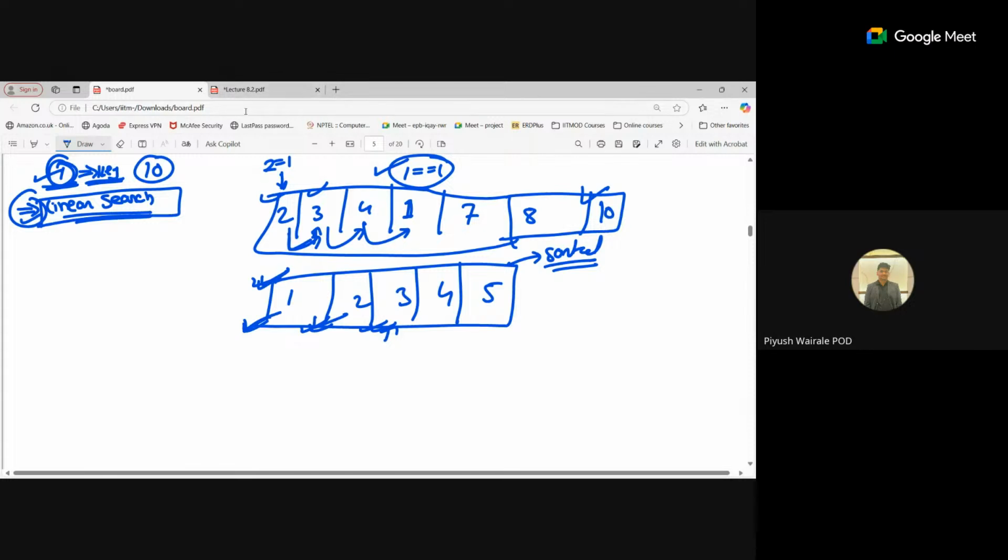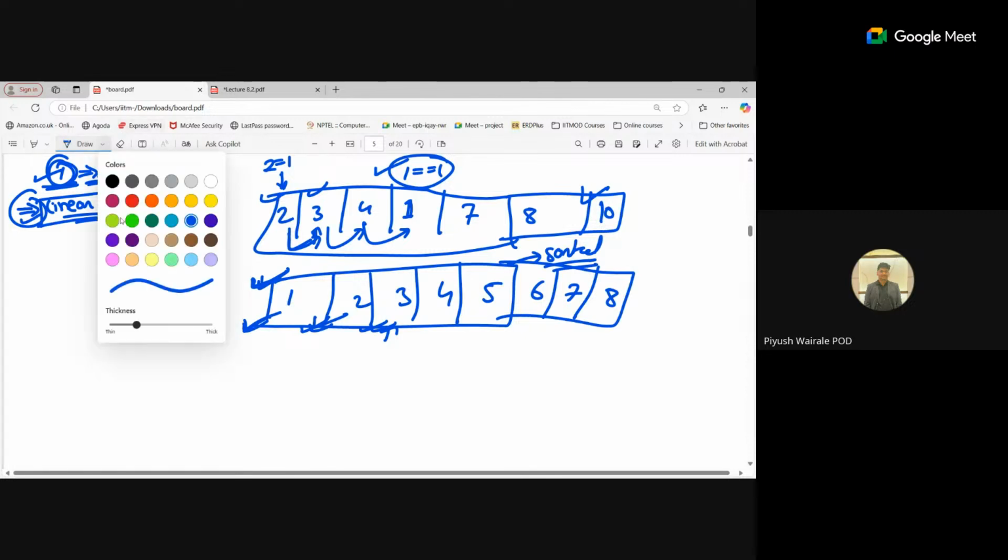But can we think about a different case? If I have a sorted array, what can we do? For example, let's say we have a few more elements: 6, 7, 8 as well.